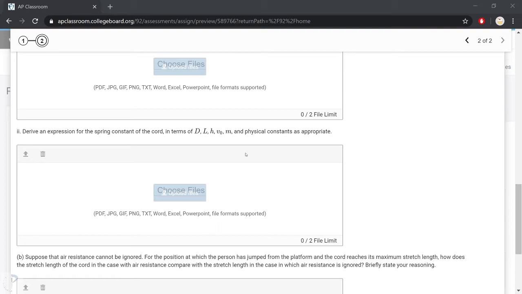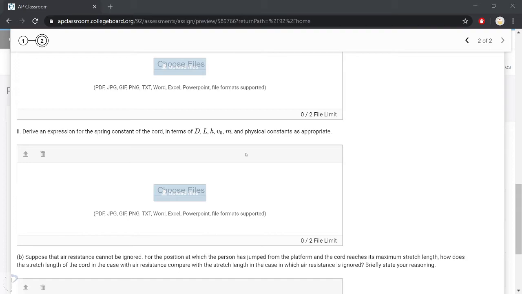So this is L plus x, where x is the stretch. And therefore the PES that I have, 1/2 kx squared, is based on that x.